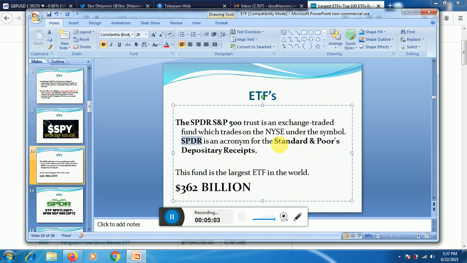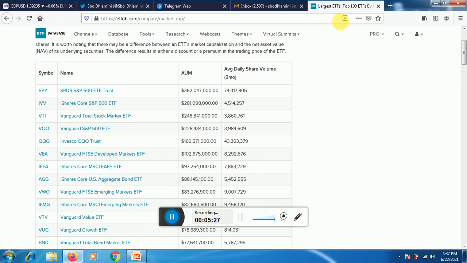It also has an acronym: Standard and Poor's Depository Receipts. This fund is the largest ETF in the world, holding close to 362 billion US dollars. It is massive when it comes to its value.